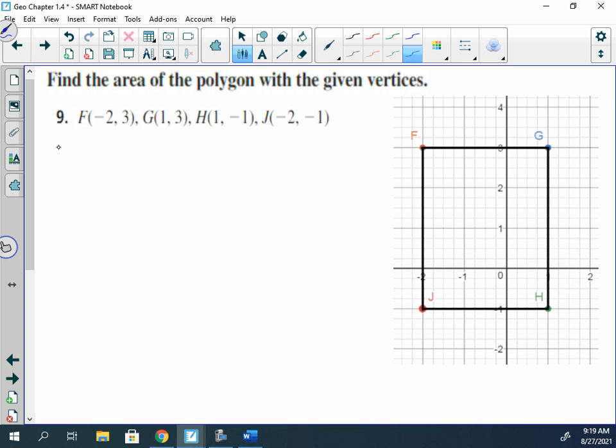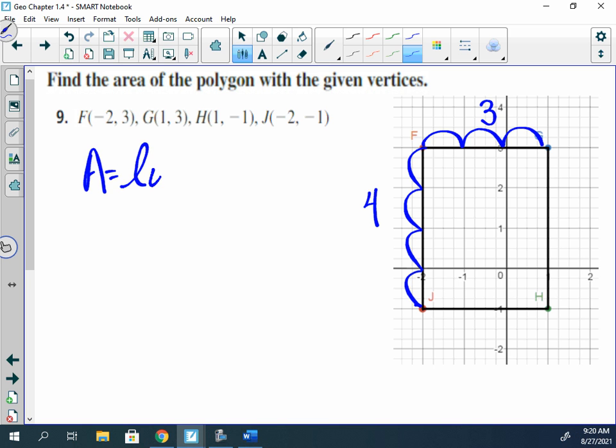So again, plotting those points kind of helps us see the figure itself. And again, it's on straight lines, so we can count the distance. 1, 2, 3, 4. And here, 1, 2, 3. So area of a rectangle is length times width. Our length is what?